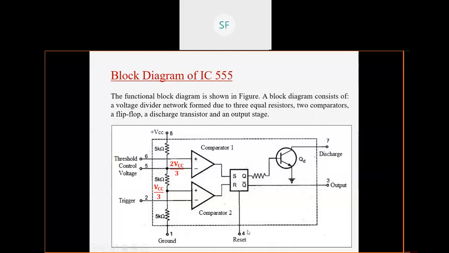So in order to control this particular flip-flop, pin number 4 is called reset. When you apply a signal to it, this flip-flop will automatically be reset, because the input and output of both these flip-flops are internal. So how will you access that?